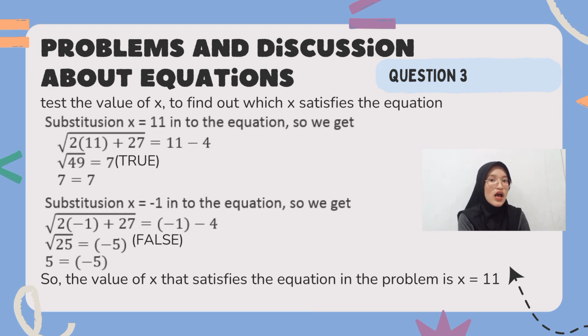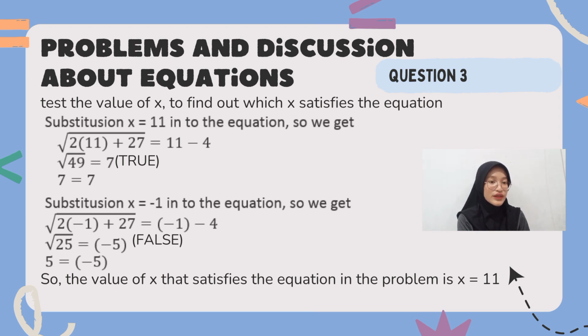Second, we substitute x equals minus 1 into the equation. So, we get square root of 2 times minus 1 plus 27 equals minus 1 minus 4. So, we get square root of 25 equals minus 5.